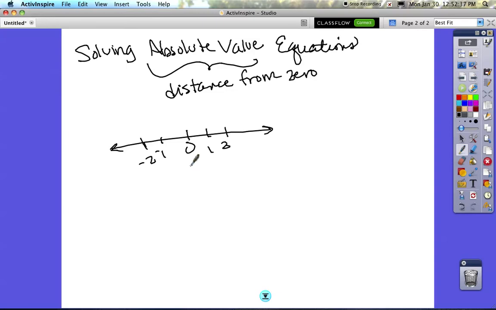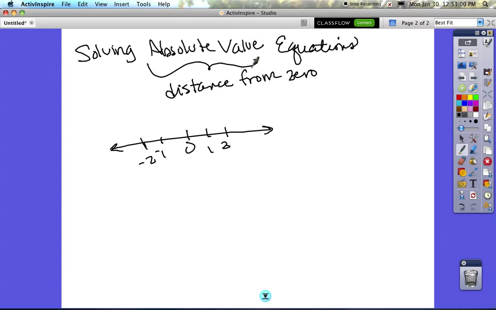So absolute values will never be negative because distance is not negative. Okay? The direction may be negative, but a distance or a length is never negative. You don't walk into a room that's negative 10 by 12, correct? You may drive south 80 miles, but you don't drive negative 80 miles. Does that make sense?